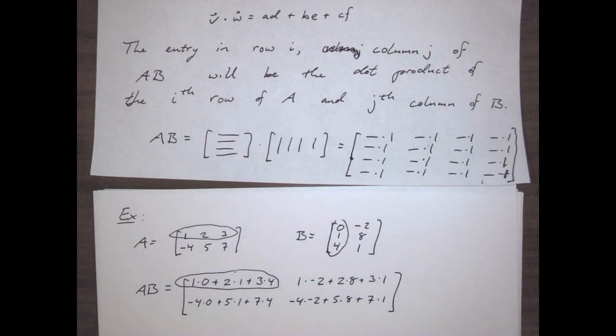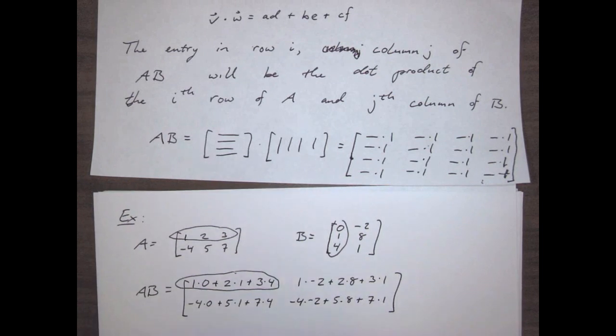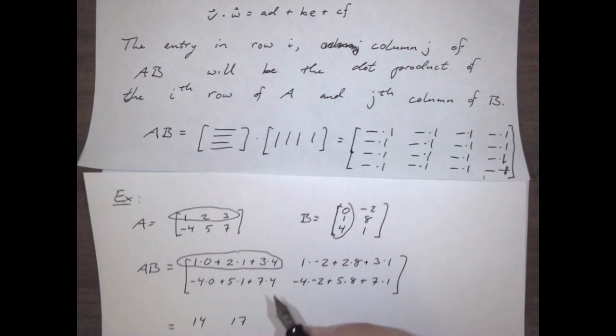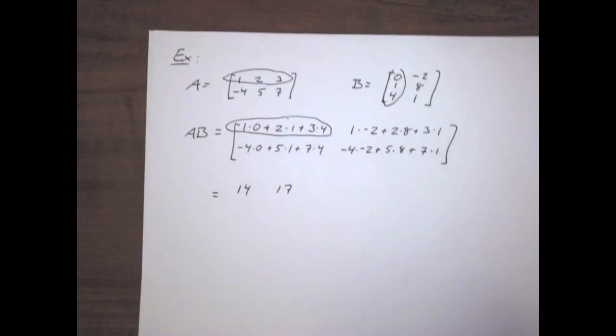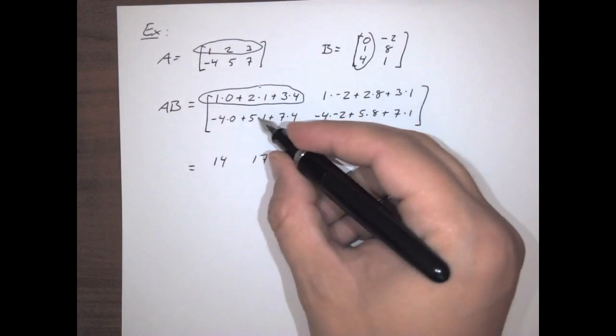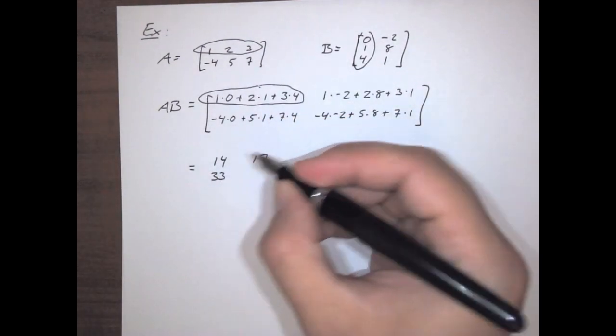So then this is going to equal: 0 plus 2 is 2, plus 12 is 14. Here we're going to have -2 plus 16 is 14, plus 3 is 17. Here we have 0 plus 5 is 5, plus 28 is 33.